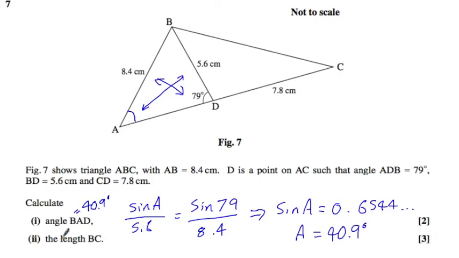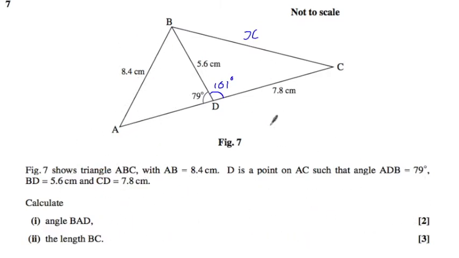And then they want the length BC, so this length here, let's call it x. So we know angle A now. Is that going to be any help to us? Well, I think we're going to have to use this other triangle. So if we do 180 minus 79, that's going to give us 101 degrees. And then in this triangle we don't have any angle-side pairs, so we'll use the cosine rule.